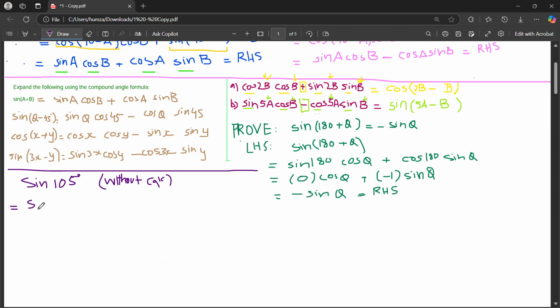In this case I can tell you for this one, but with practice you will know which angles to use almost immediately whenever you see any question like this. So sin 105 will be sin(60 plus 45).